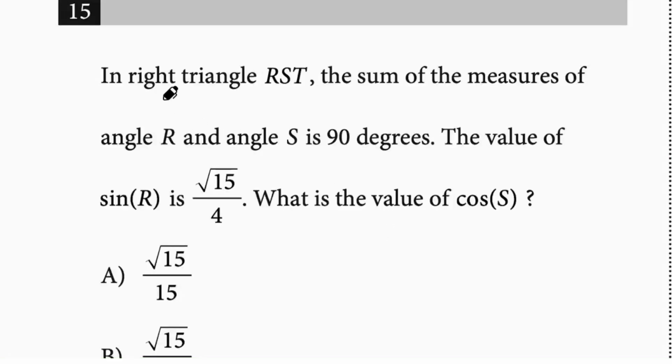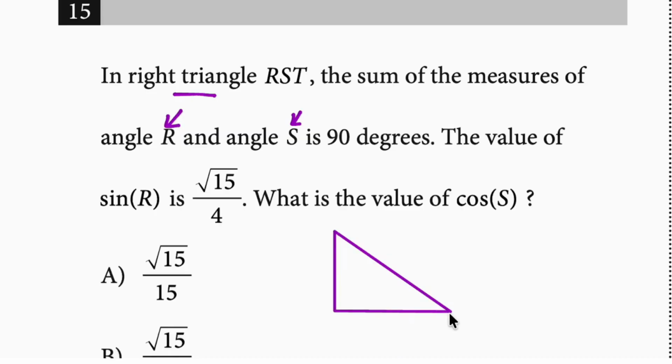Question number 15. In right triangle RST, the sum of measures of angle R and angle S is 90 degrees. The value of sine R is root 15 by 4. What is the value of cos S? Now, from the first statement, because it is a right triangle and the sum of R and S is 90 degrees, let me draw a right triangle first.